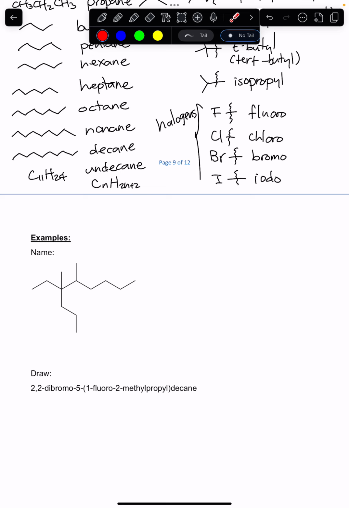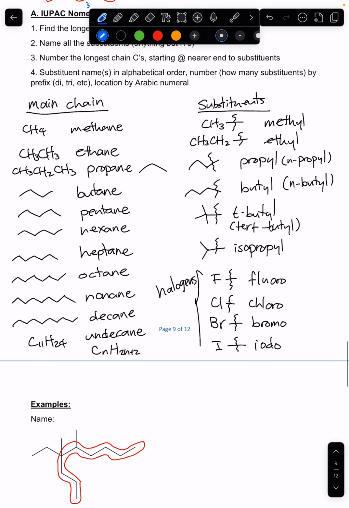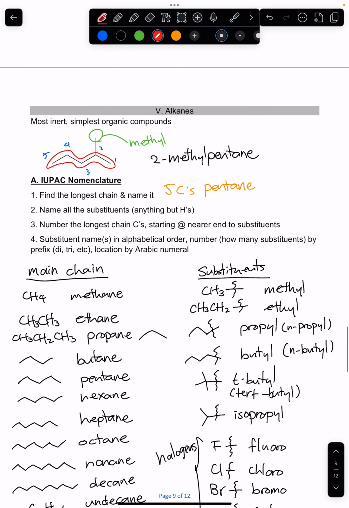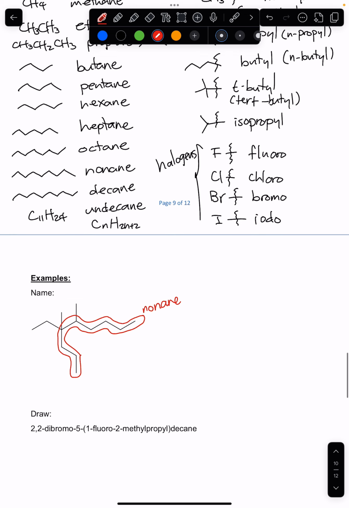So the longest chain should be right here. Nonane. That's step number 1.